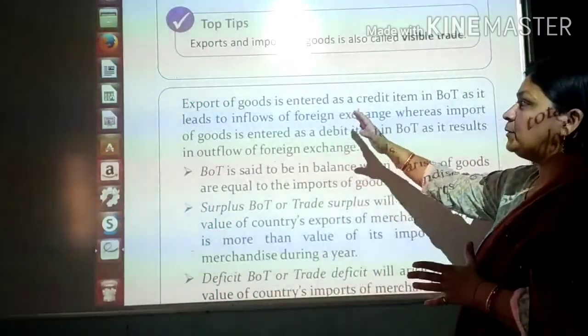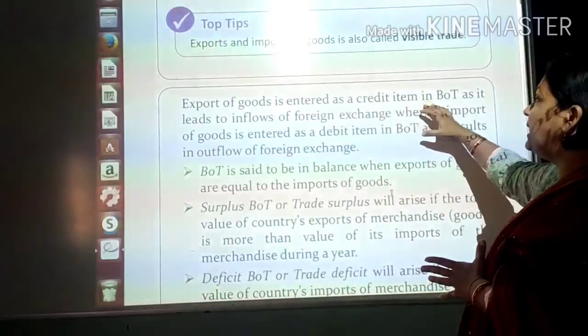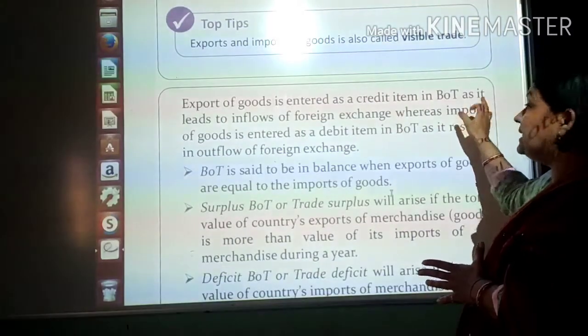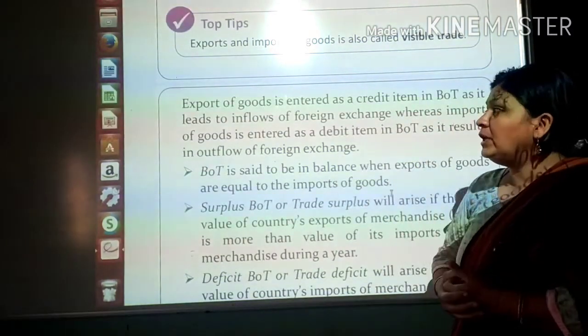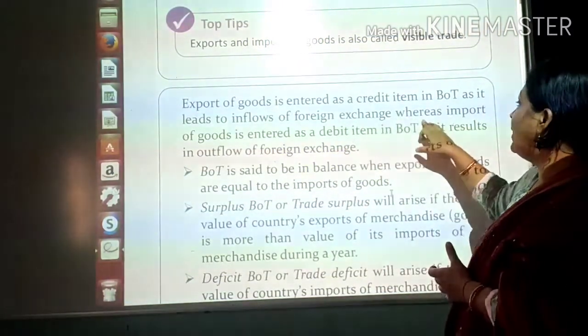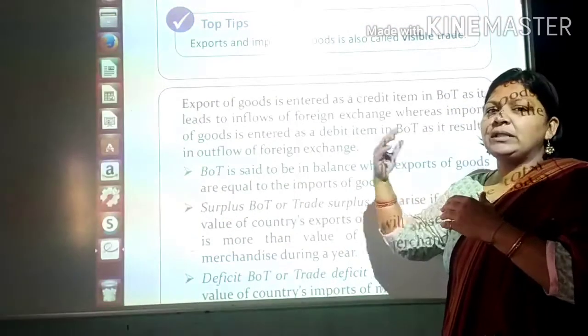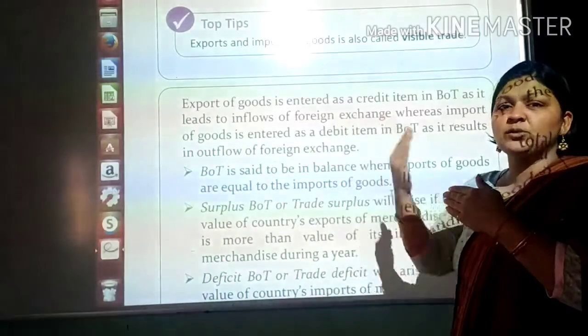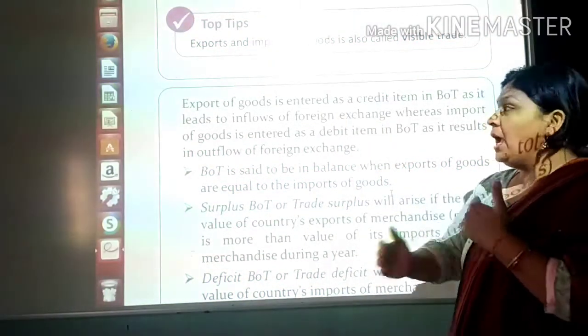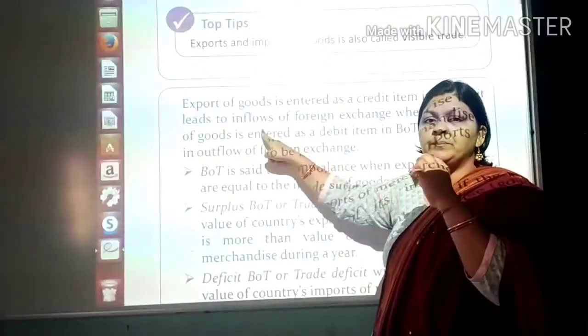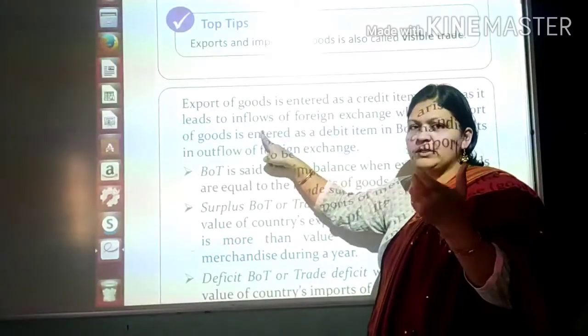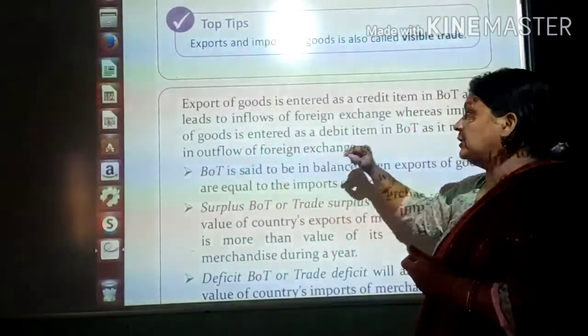So export of goods is entered as a credit item in the BOT as it leads to inflow of foreign exchange. When we do the export, foreign exchange definitely comes into our country. It is called the inflow of foreign exchange.